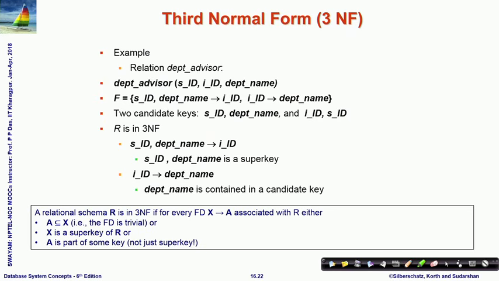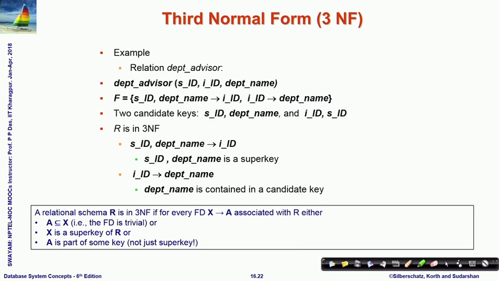In this case, you can see that the relationship is in 3NF, because there are two candidate keys, SID department name is a super key, and IID determining department name is contained in a candidate key.